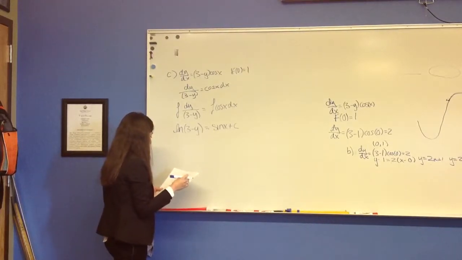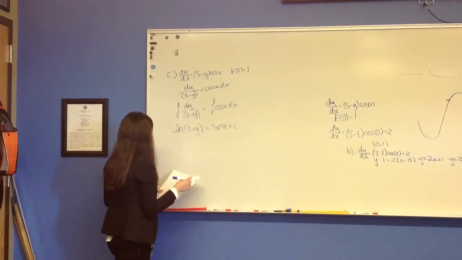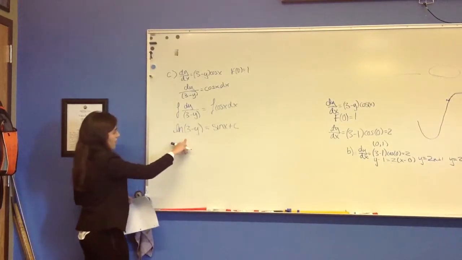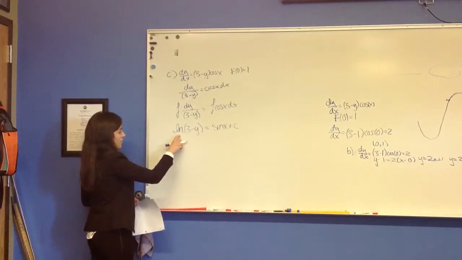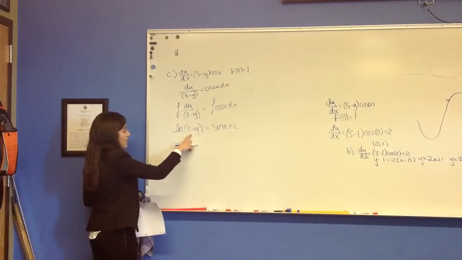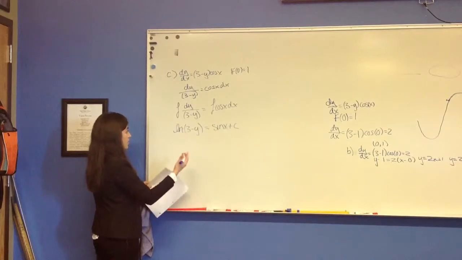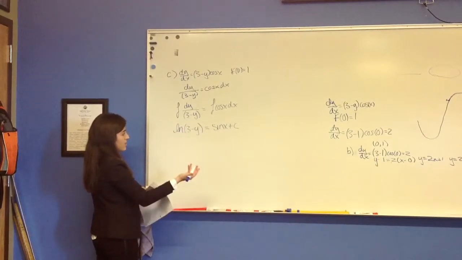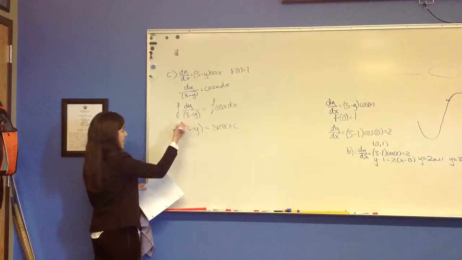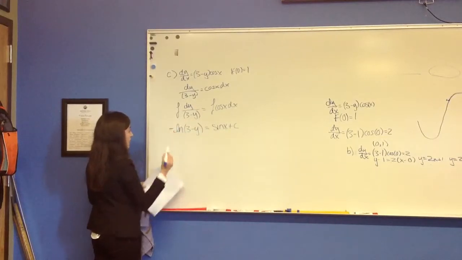There's actually another important part here. When you have a natural log of 3 minus y, you have to think about the outcome when we differentiate that. It would be negative 1 over 3 minus y. But this function isn't negative, so we have to put a negative here to counteract that.